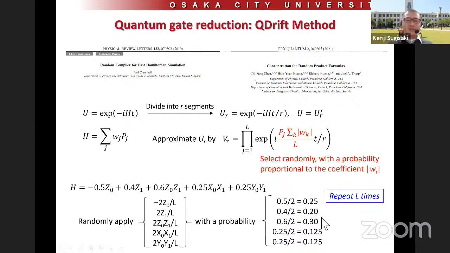And you can equally understand that this random selection repeats L times, so if L becomes infinitely large, this approximation recovers the original Hamiltonian.